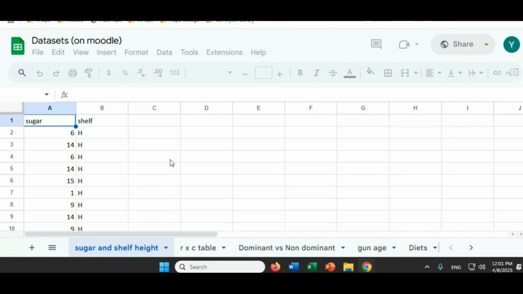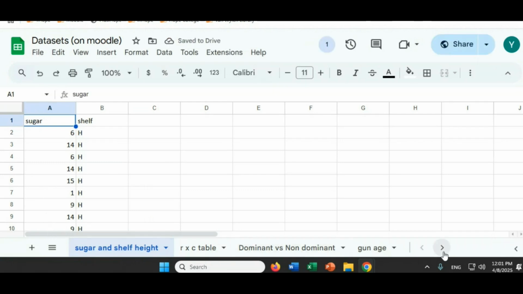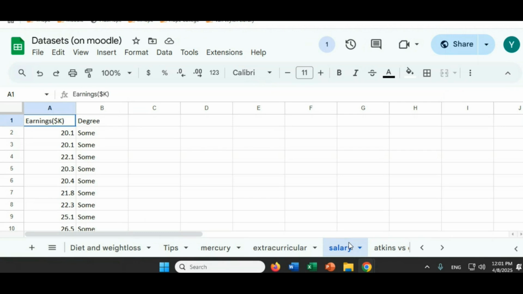Look for the tab that says salary. You should see this: earnings in thousands of dollars, your annual salary, and degree, the highest qualification that you have.